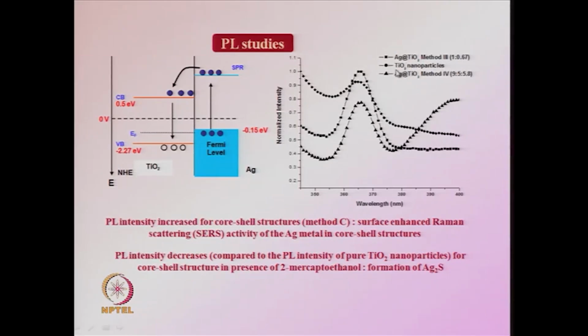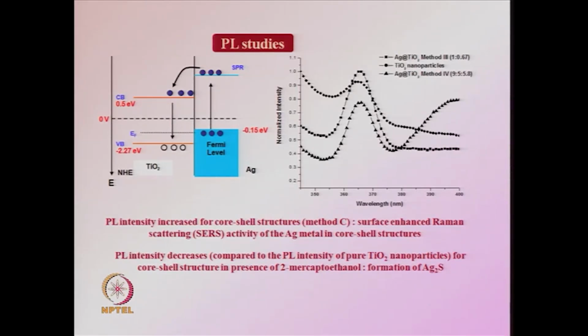Now, bare TiO2 is somewhere here. This is the bare TiO2 and this is the core shell structure. So, this enhancement in the PL can be explained by the surface enhanced Raman scattering activity of the silver metal in core shell nanostructures, and the PL intensity will decrease in presence of mercaptoethanol, like we discussed the effect of silver sulfur linkages.